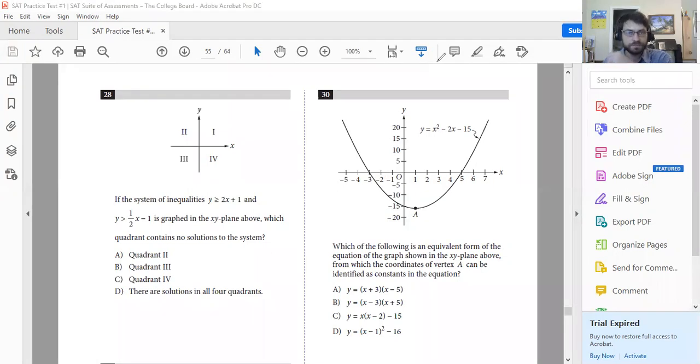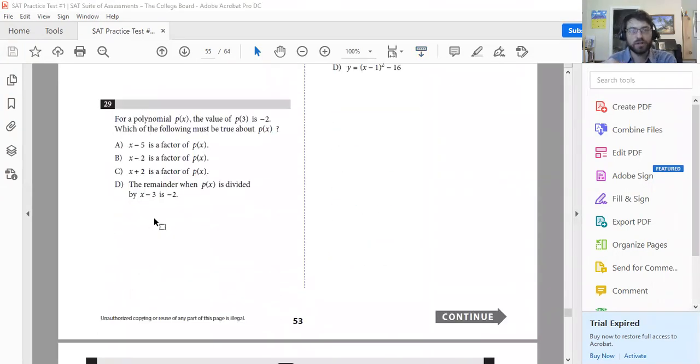Number 29. For a polynomial p of x, the value of p of 3 is -2. Which of the following must be true about p of x? So that means when x is 3, y is -2, or p. Well, this is not 0, so nothing should be a factor. None of these should be factors. We don't know anything about factors.